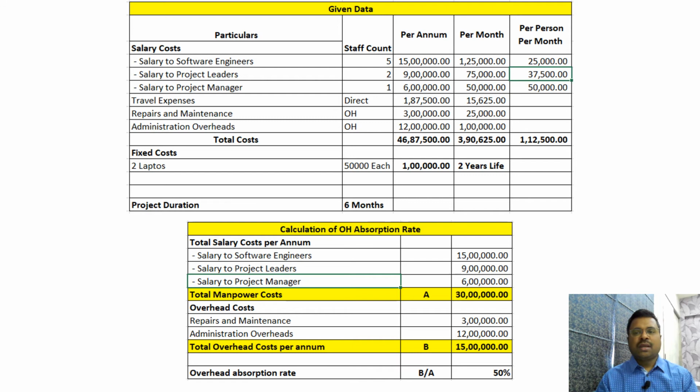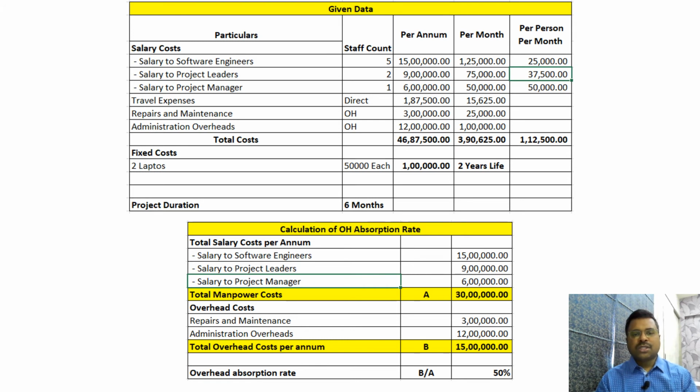So if I know per month per person, it will be easy for me to identify the cost of that particular project. Then travel expenses, it is direct, and repairs and maintenance, it is overhead per annum, and administrative overhead and total cost.